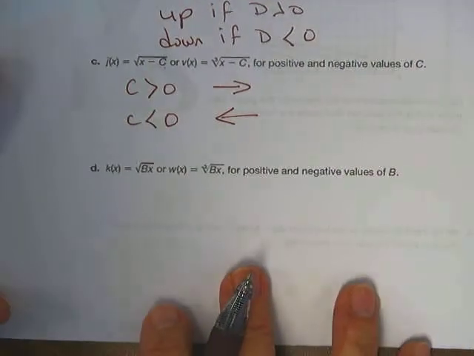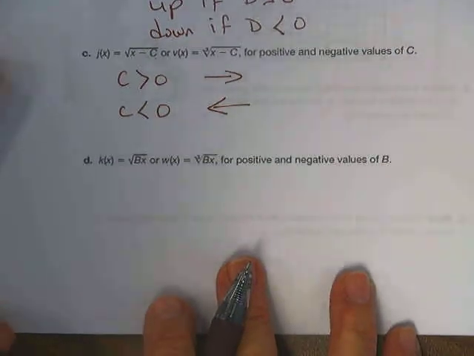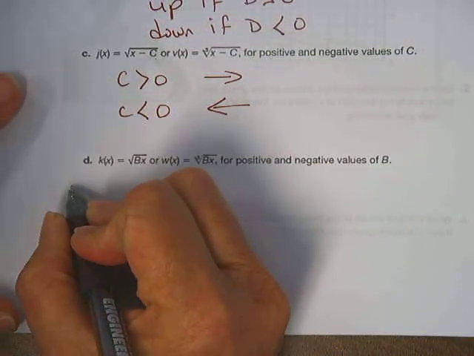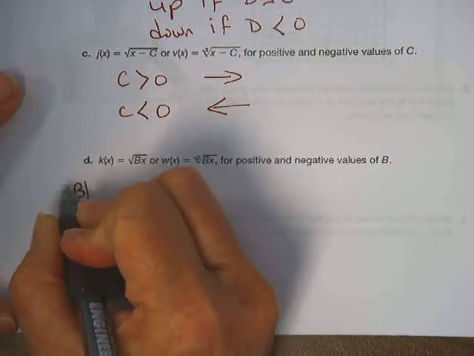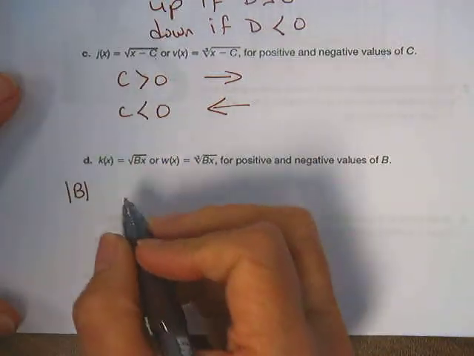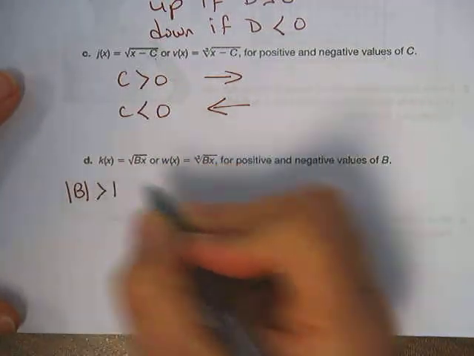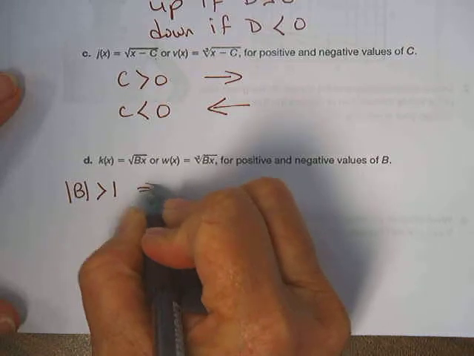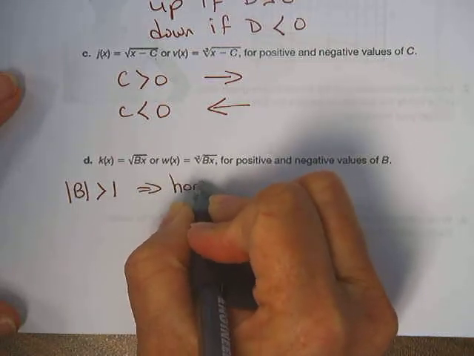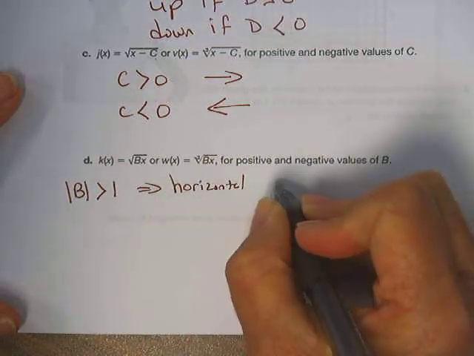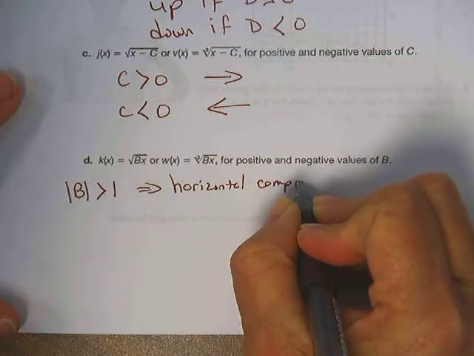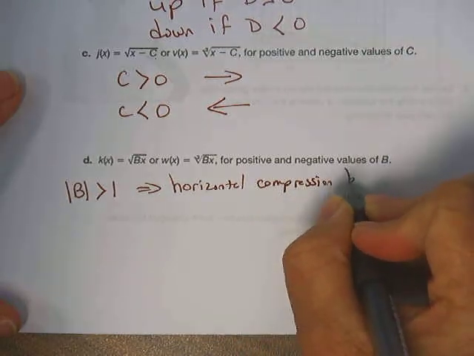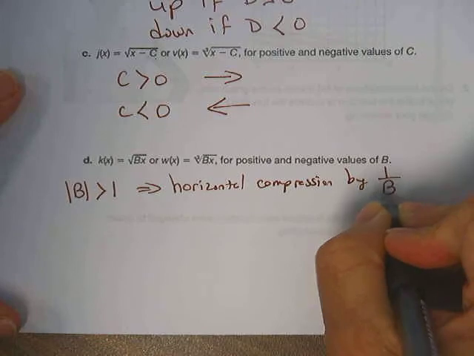Okay, how about for values of b? Let's come back and take a look at this. If the absolute value of b is greater than 1, we have a horizontal compression by the value of 1 over b.